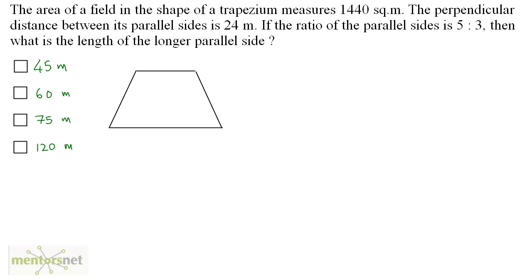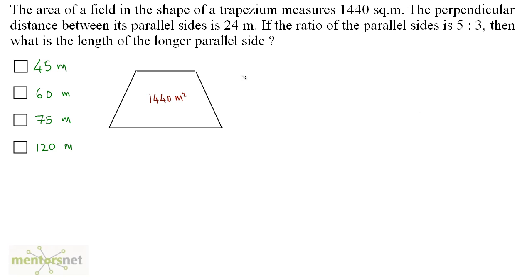The area of a field in the shape of a trapezium measures 1440 square meters. The perpendicular distance between its parallel sides is 24 meters. If the ratio of the parallel sides is 5:3, then what is the length of the longer parallel side? Now we have been given the area of this trapezium, that's 1440 meters square.